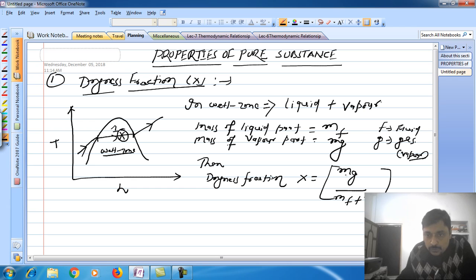So this is the ratio of mass of vapor to the total mass of mixture.